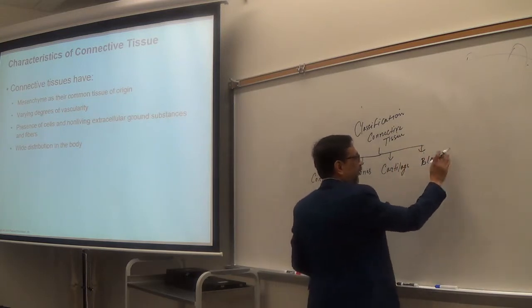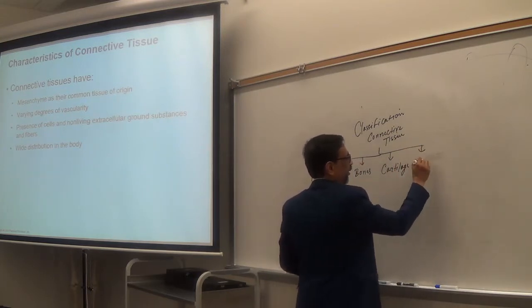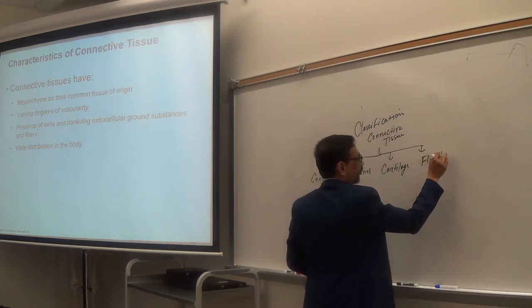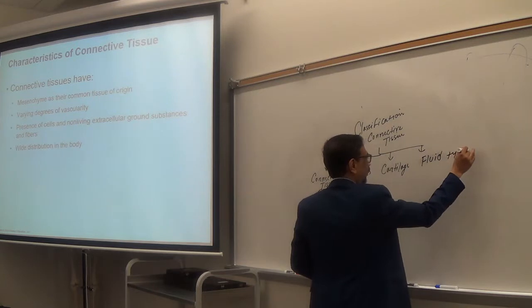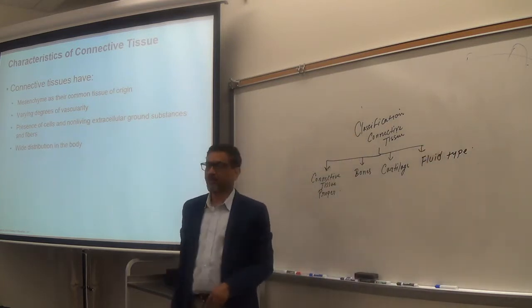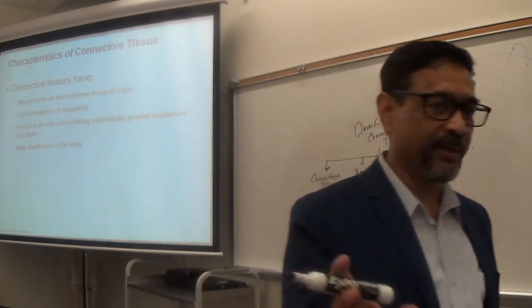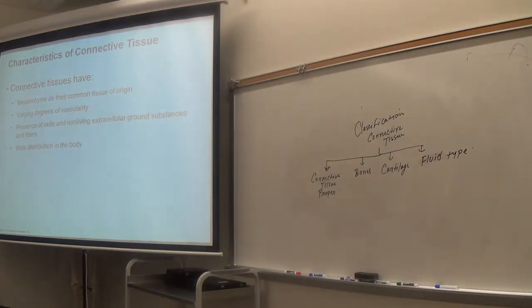Okay. Or right here, instead of blood, fluid type connective tissue. Okay. So first we divide the connective tissue into connective tissue proper, that's the main type, then bones, cartilages, and fluid.